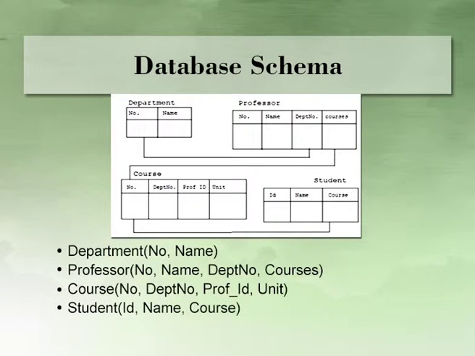In this database schema, you can see some of the fields are common, like department number and department name, and then professor number, name, department number. So, there is a relation between the department table and the professor table. Professor is working in some department with some department ID.